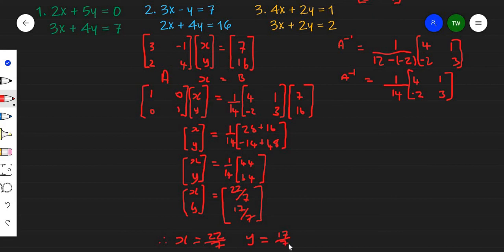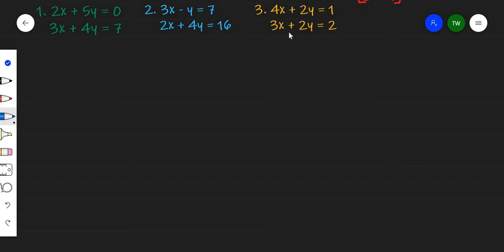Alright, now to question 3. First thing I'm going to do is to rewrite this question in matrix form. So you're going to take the coefficient of each term. So it's going to be 4, 2, 3, 2.